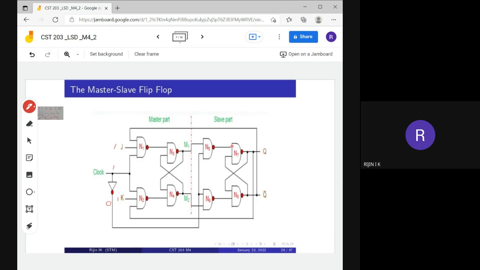The slave flip-flop is in an inactive state. So that state we will call the memory state. Memory state means it will retain the previous output.